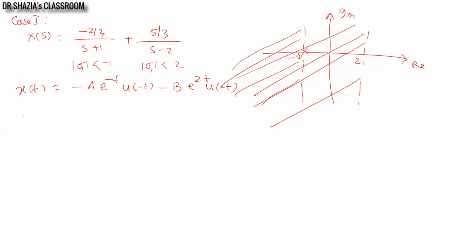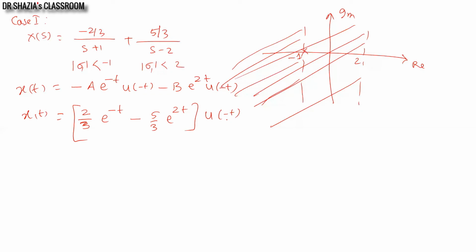So x of t can be written as plus 2 by 3 e to the power minus t minus 5 by 3 e to the power 2t, whole into u of minus t.